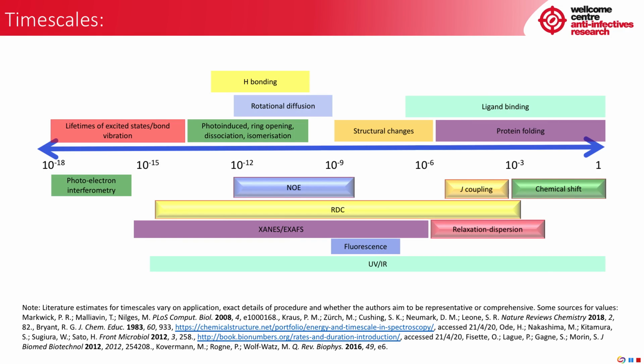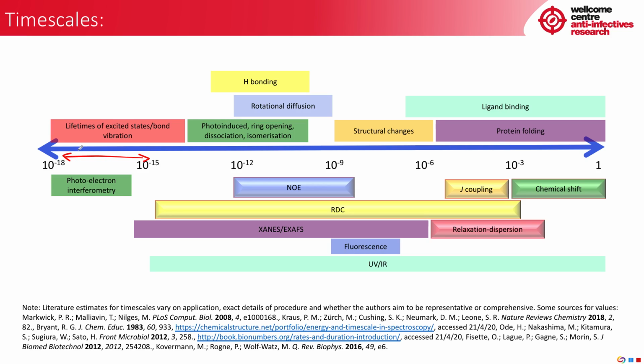Well, the above diagram marks out roughly the timescales over which physical processes occur, and the timescale over which various techniques can report. That's the top and the bottom respectively. So we can see the very fast atto to femtosecond timescale here.